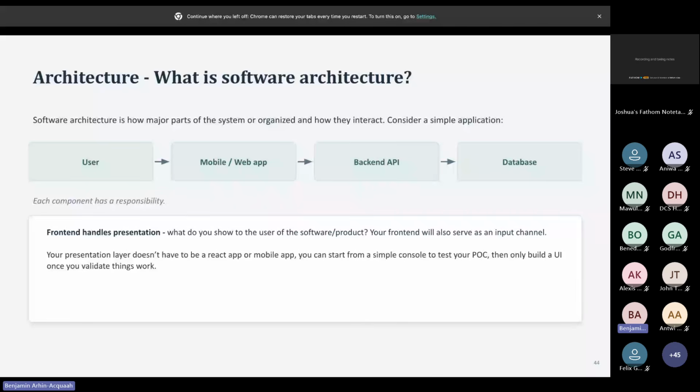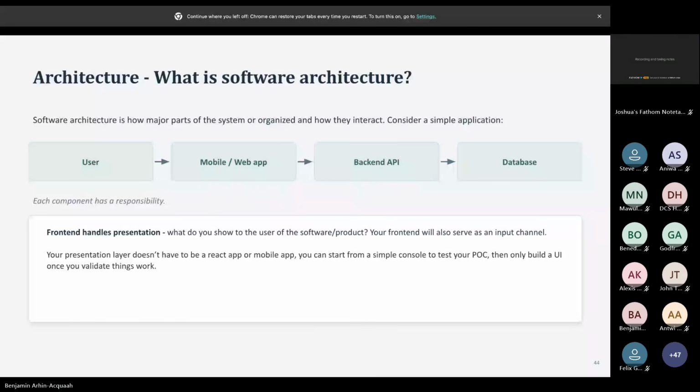So software architecture is how the major parts of the system are organized and how they interact with each other. Consider a simple application with a user that has a mobile phone or uses a web app, opening their browser.